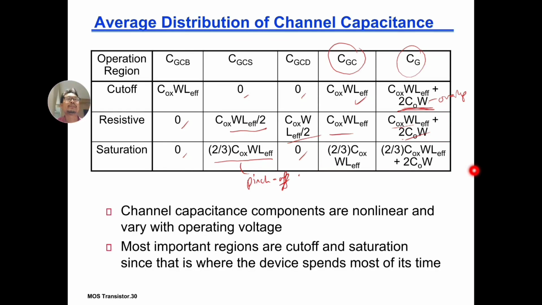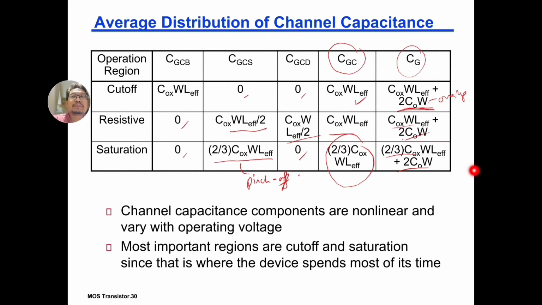It's not exactly 0, but for now we can estimate it to be ideally 0. So the total on the channel is 2/3, not full anymore, and then including overlap, just plus 2 Cov.